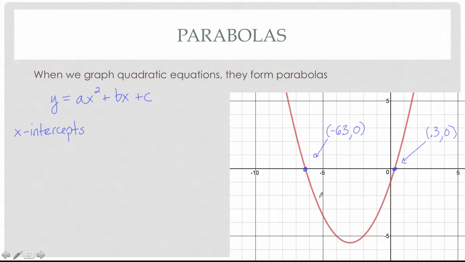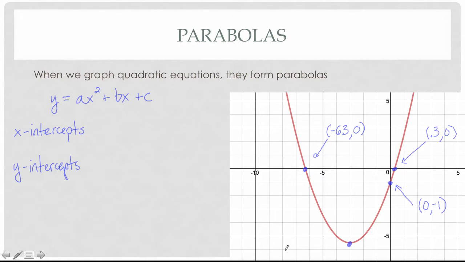So we look for x-intercepts, and we look for y-intercepts. We like to know where it crosses the y-axis, right? So right here, I have a y-intercept at negative 1. It's at that point right there. And then we also like to be able to find this key point right here.